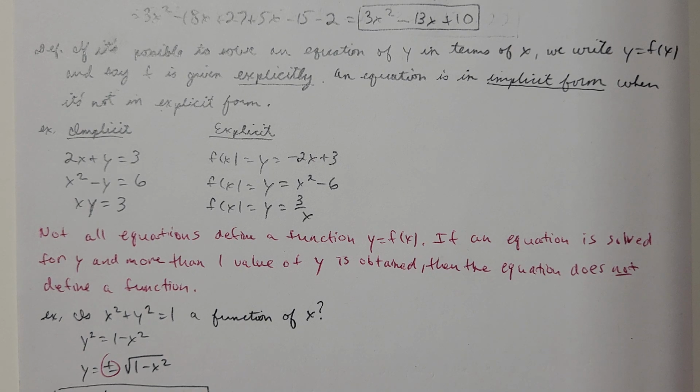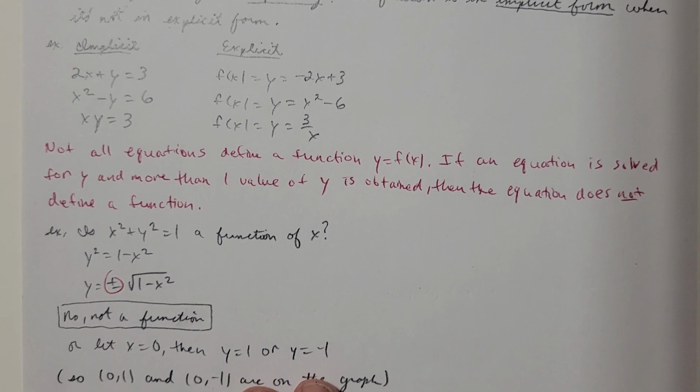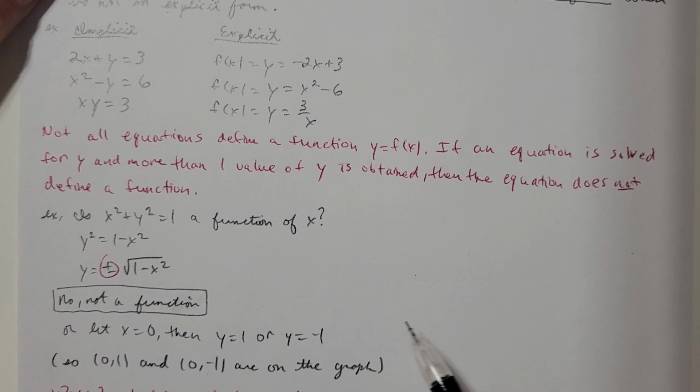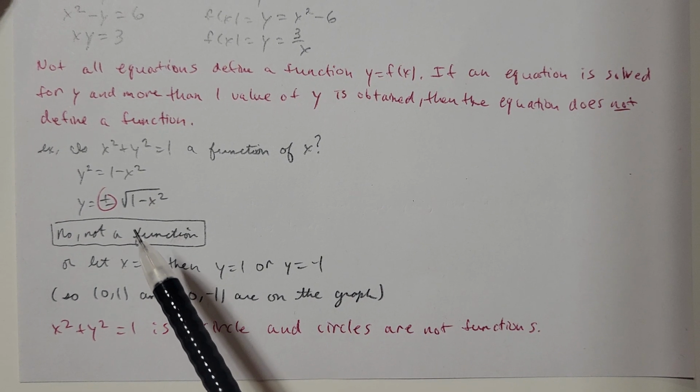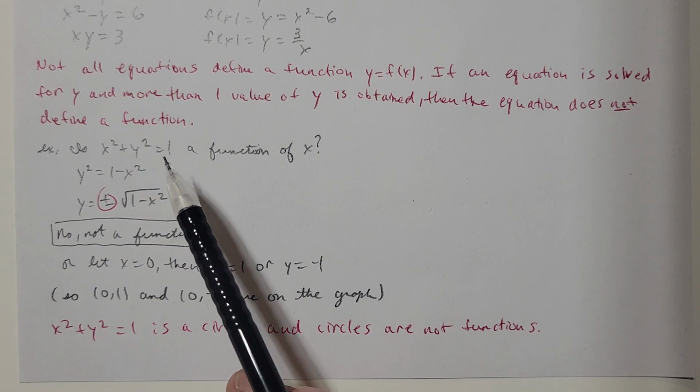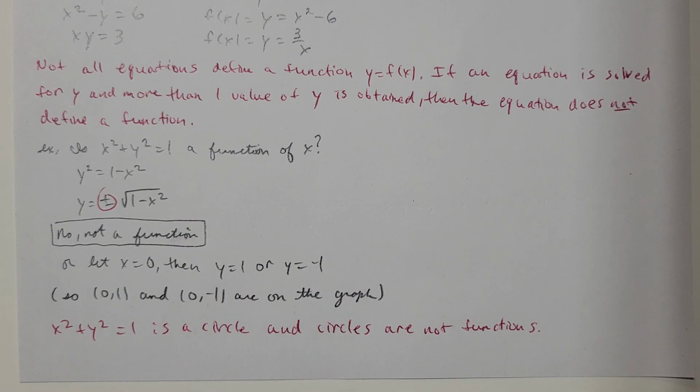Now, not all equations define a function, y equals f of x. If an equation is solved for y and more than one value of y is obtained, then the equation does not define a function. So if we take a look at an example of this, I want to know, is the equation x squared plus y squared equals 1 a function of x?